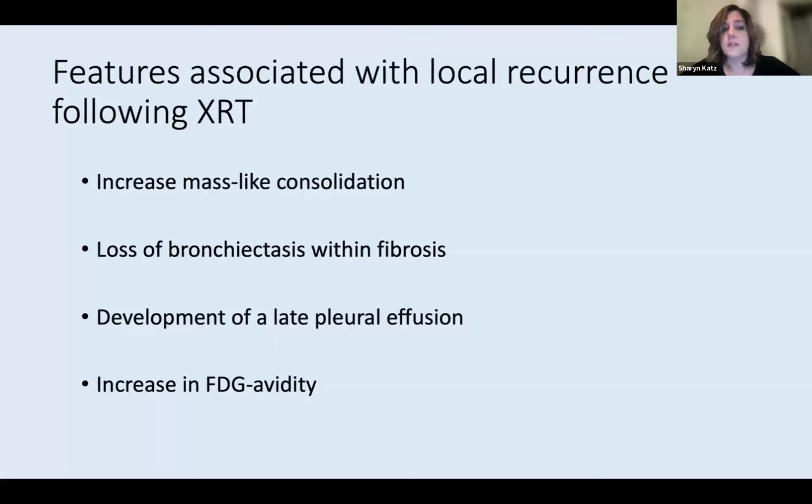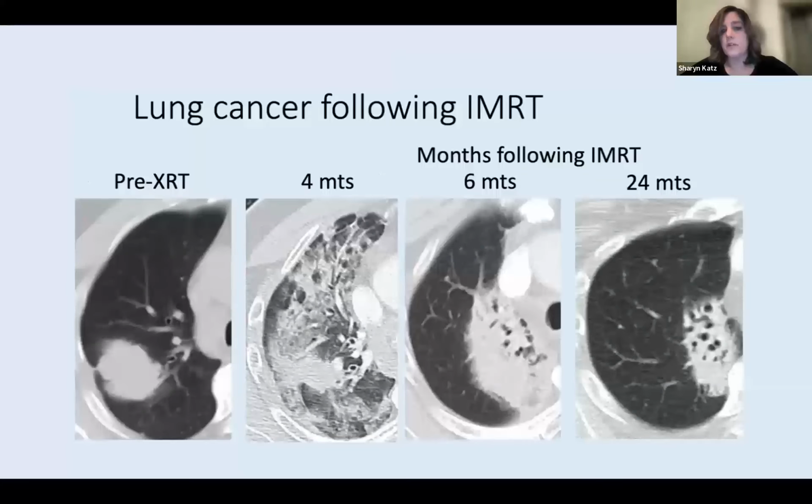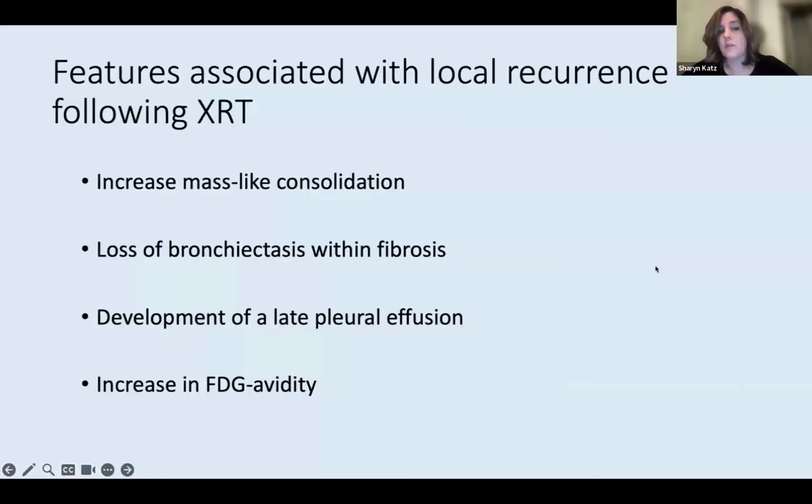Loss of bronchiectasis within that fibrosis, having nice previously dilated airways that look like the far right picture that disappear, or you start to see mass effect or cutting off or displacement of those airways, should concern you for local recurrence. Development of a pleural effusion late is a red flag. Effusions are very common early, within the first 6 months, even up to a year.